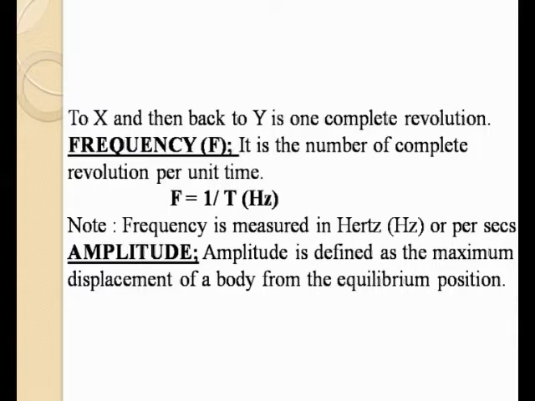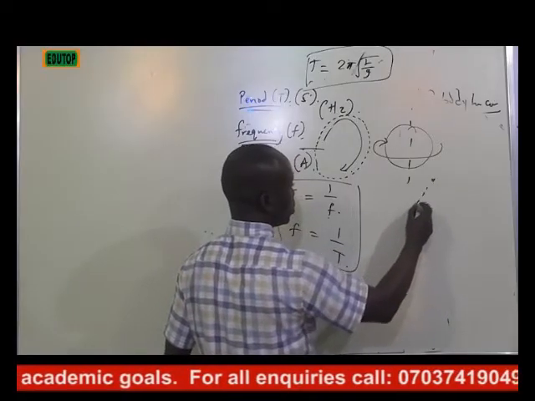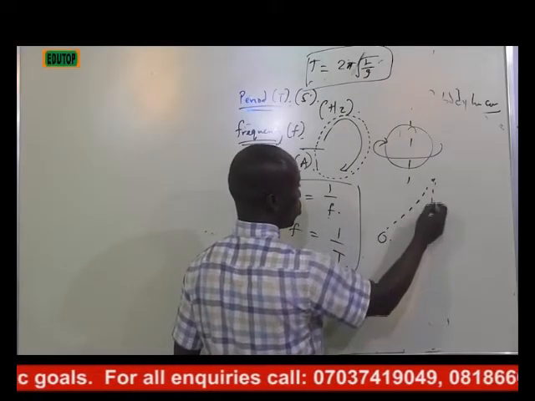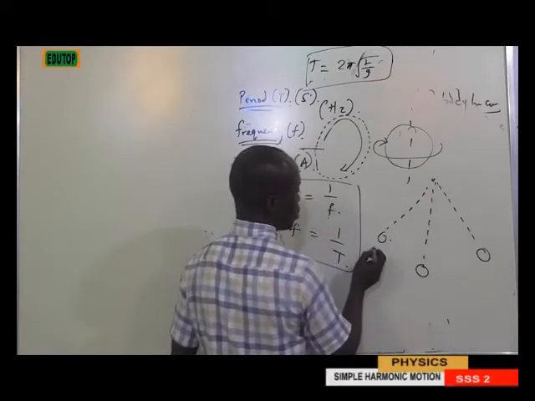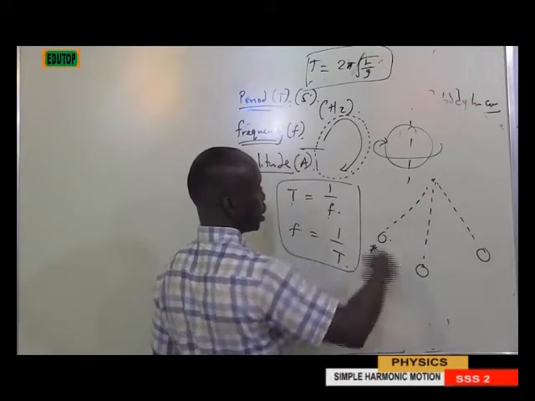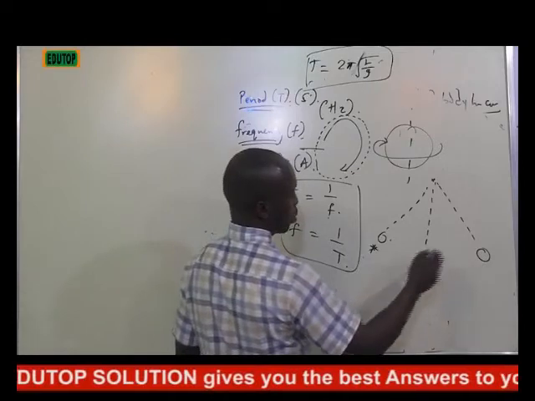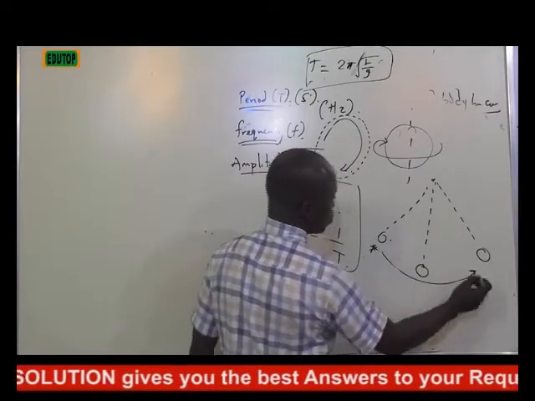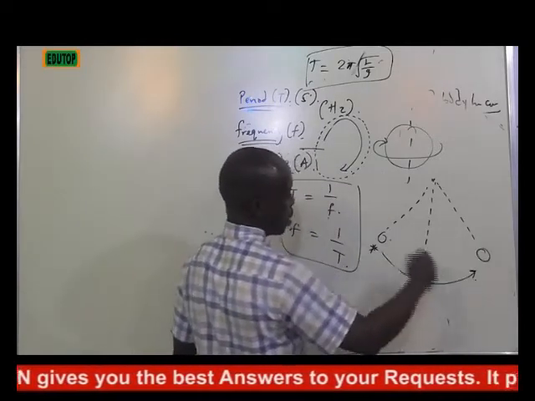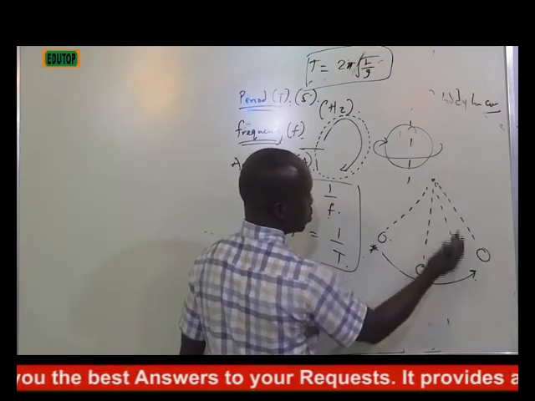Amplitude. Amplitude is defined as the maximum displacement of a body from an equilibrium position. When I say equilibrium, I have this pendulum ball, and let's say this is the starting point. It goes this way, goes that way and comes back. By the time it moves forward and backward, little by little, it will be reducing.